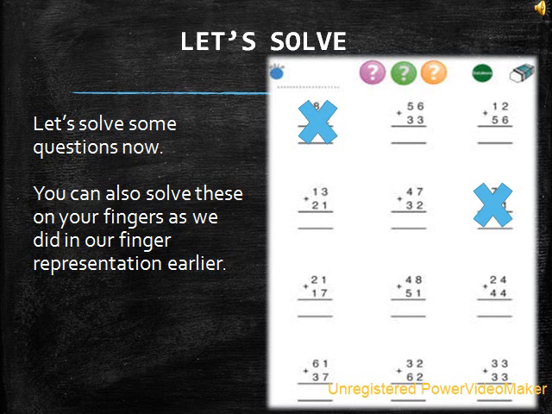Which is 56 plus 33. So students, as we studied in our previous class the place value, we will take the help of our place value in this class also. How?